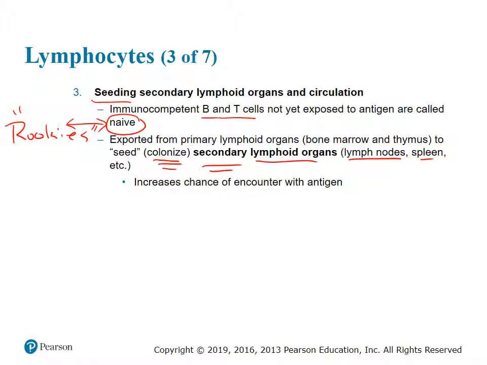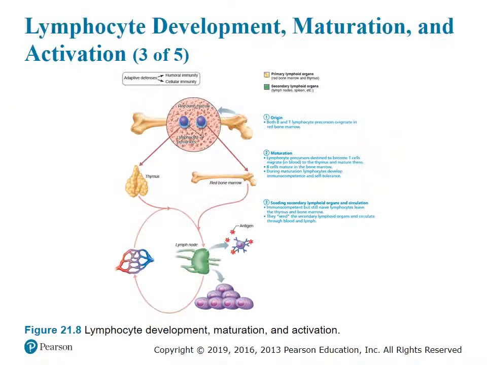And this is where they have an increased chance of an antigen encounter. That antigen encounter can be hours, could be seconds once they've been seeded, or can be weeks, sometimes months or years that they've never seen it, but they stay around for the threat, right? So it just depends.